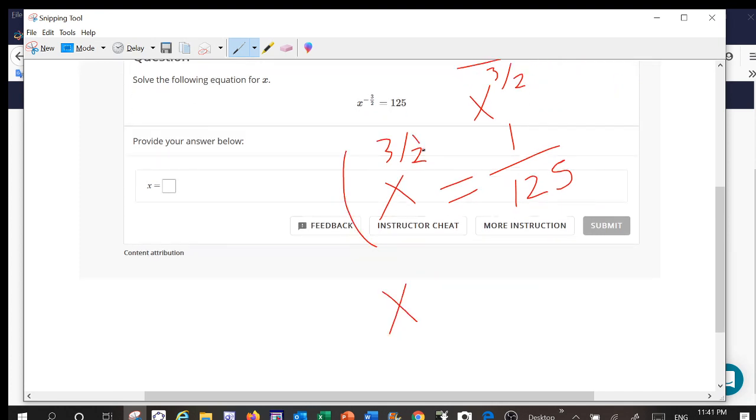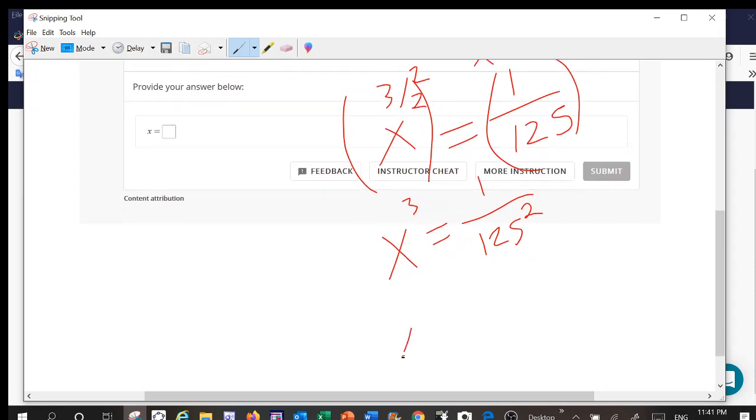If I raise this to second power and raise this to second power, I get x to the third equals to 1 to the second is 1, and 125 to the second power. And now I can take cube root of both sides, so x equals to cube root of 1 over 125 to the second, in parentheses.